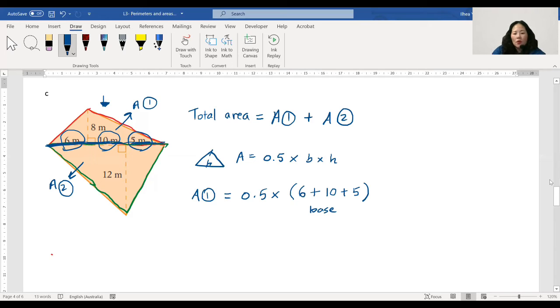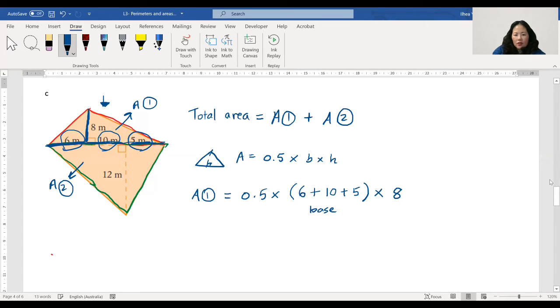So to get the total base length, I have to add all 3 measurements there. And then my height is this one, 8.